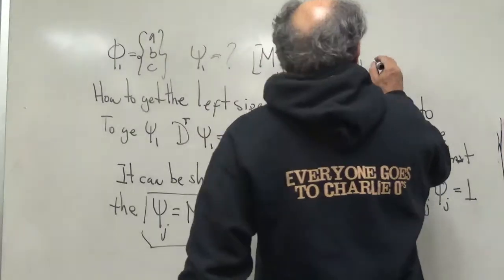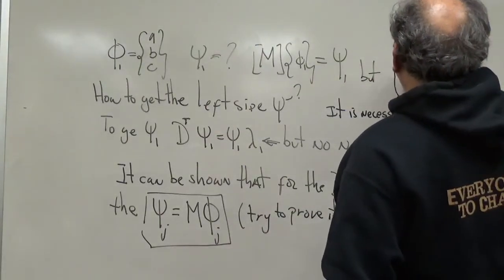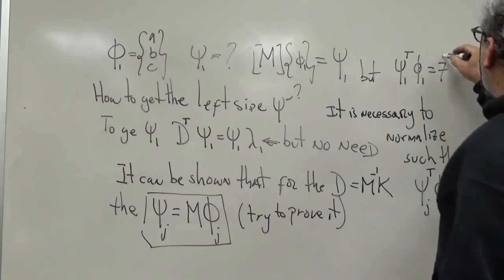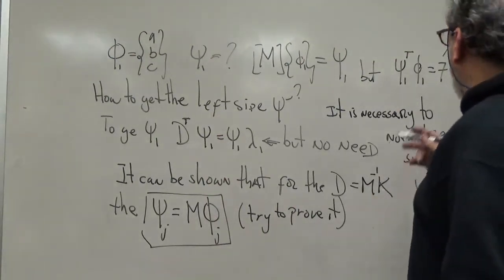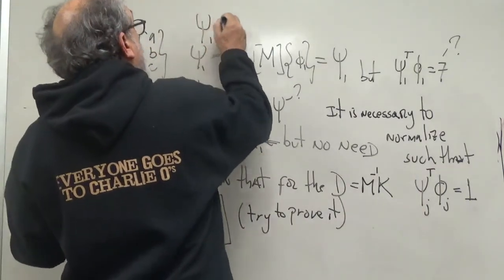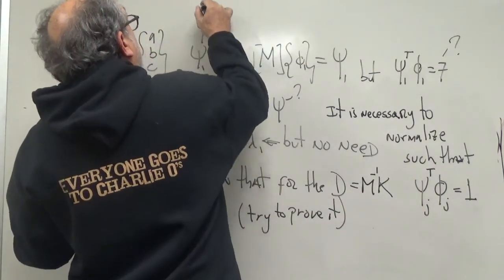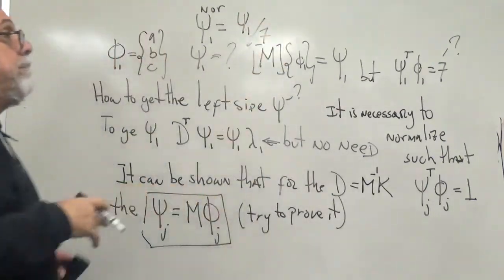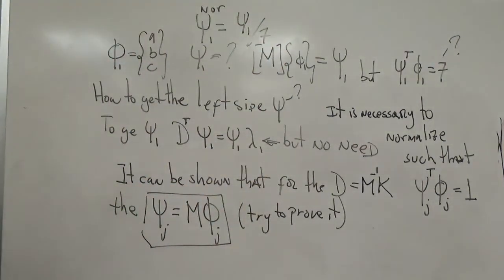But you can then say phi 1 transpose times phi 1, and you get 7, for example. Then, of course, that's not normalized, right? So what is the phi 1 that you want? Phi 1 normalized would be your previous phi 1 divided by 7, right? Now it's normalized.